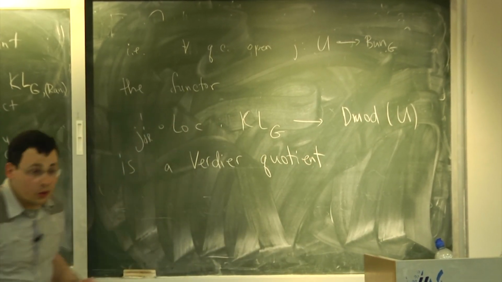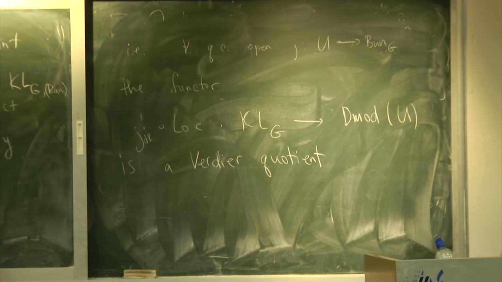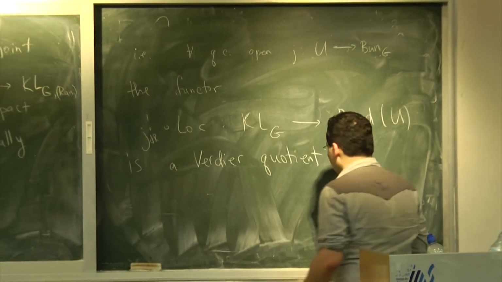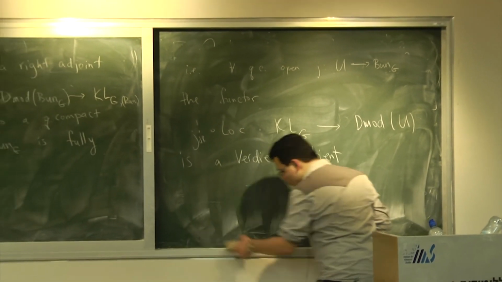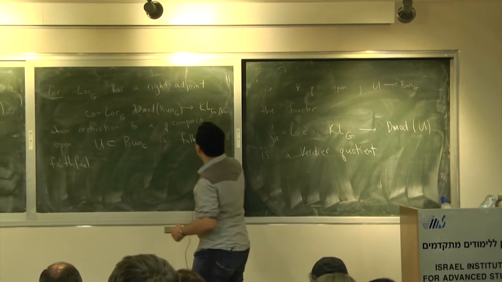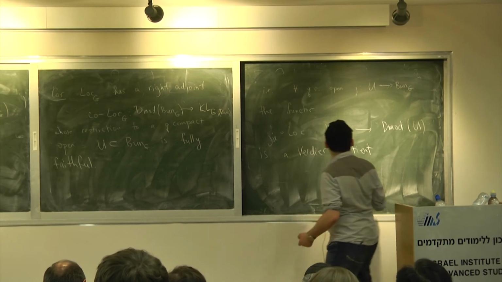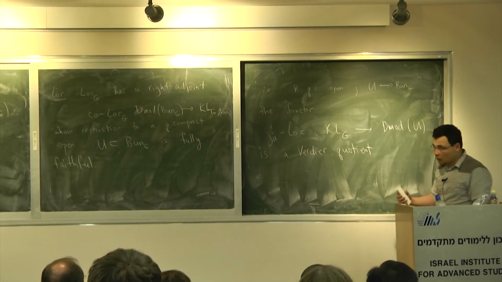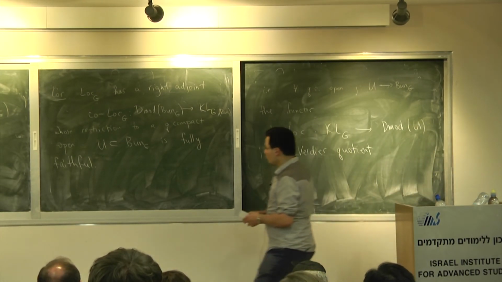In other words, it has a fully faithful adjoint. So at the very least, it tells you that by localizing Kac-Moody representations, we don't get the whole category, but we get pretty close to it.